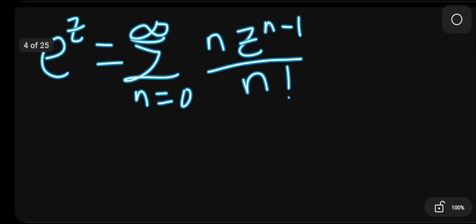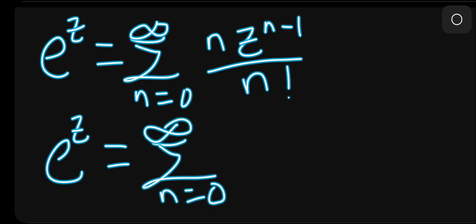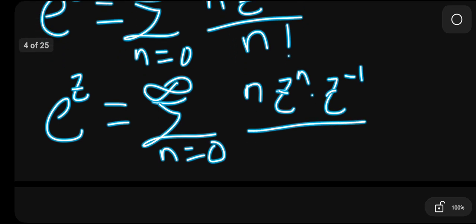So we simplify it further. e power z equals the sum from n equals 0 all the way to infinite n multiplying z power n minus 1 on n factorial.